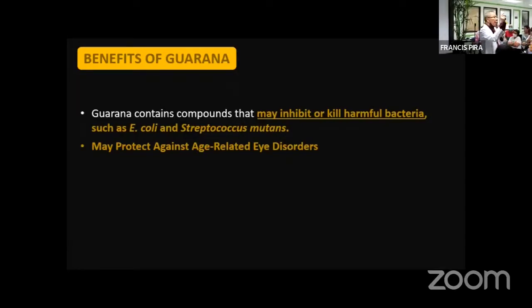Therefore, the product with L-Arginine can produce nitric oxide, and nitric oxide is antiviral. So against COVID na siya. The more you take this, the more you are protected from harmful viruses, antiviral, and also anti-E. coli and anti-Streptococcus mutans. Protect the AIDS-related eye disorders.